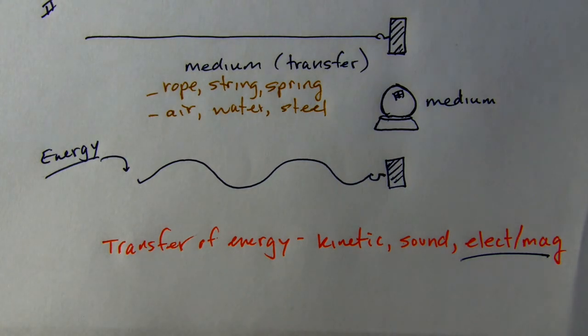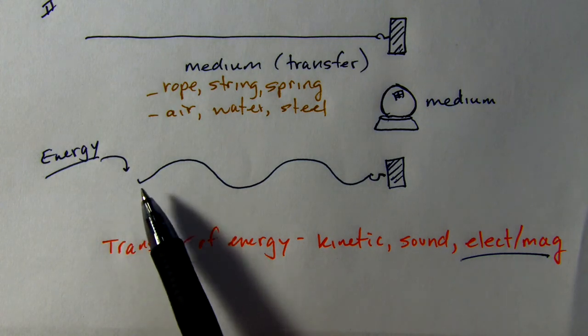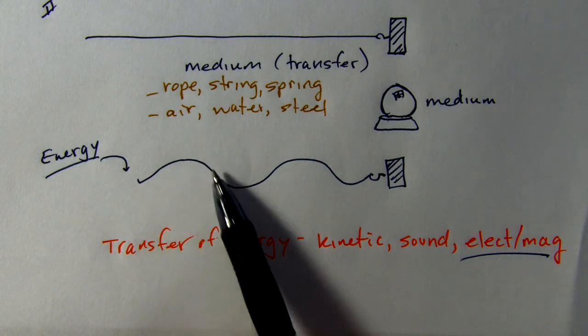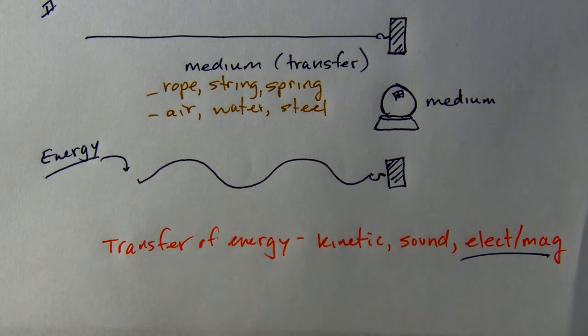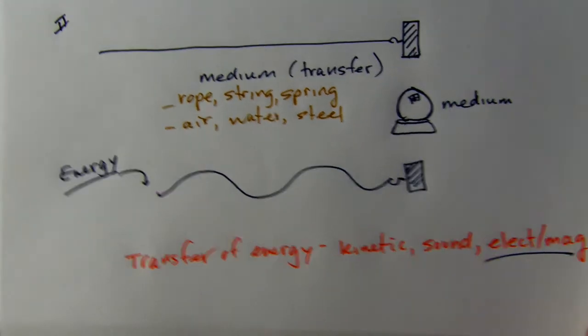And so an energy here is imparted or added to this medium, and so you get this pattern here. Well, some interesting things happen when you apply energy to a medium, and we talk a little bit about sound waves later, but I want to show you some properties, though.